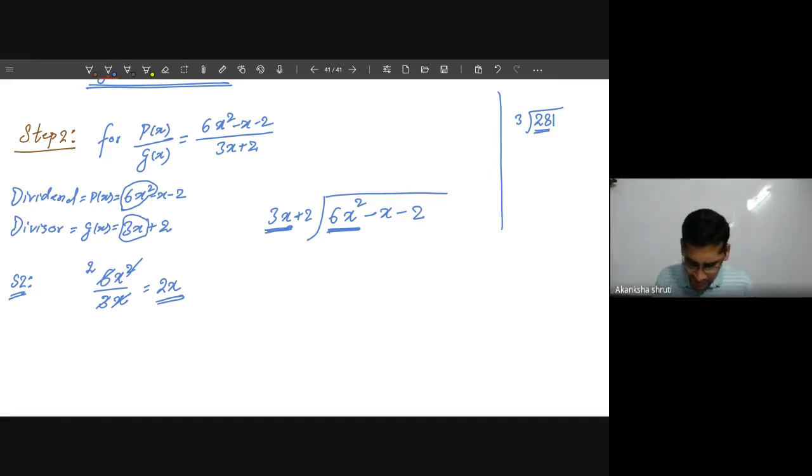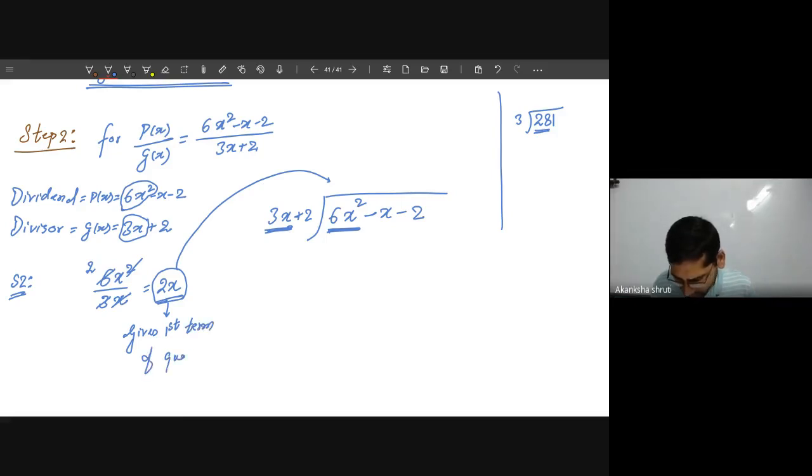Good. So, student, after this we have to write this 2x at the top. This will give the first term of the quotient. Right here it gives the first term of the quotient.